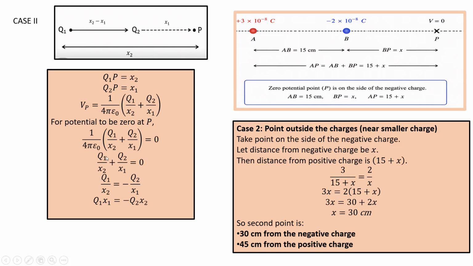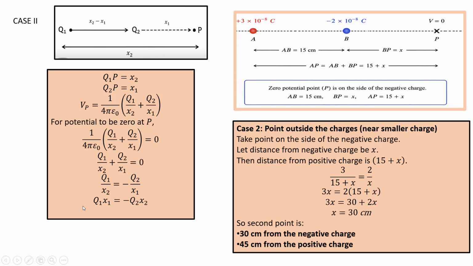So 1 by 4 pi epsilon naught into Q1 by X2 plus Q2 by X1 equals 0. This 1 by 4 pi epsilon naught cancels. Now Q1 by X2 plus Q2 by X1 equals 0, or Q1 by X2 equals minus Q2 by X1. If you do the cross multiplication, Q1 X1 equals minus Q2 X2.